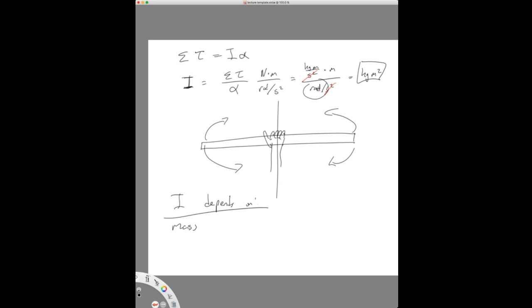But if we had a 2-meter stick that had the same mass, and we try to rotate this, we would discover that the 2-meter stick was harder than a 1-meter stick, even if their masses are the same. So it depends, in a way, on the size of the object.